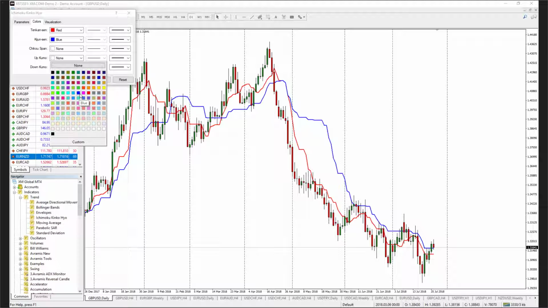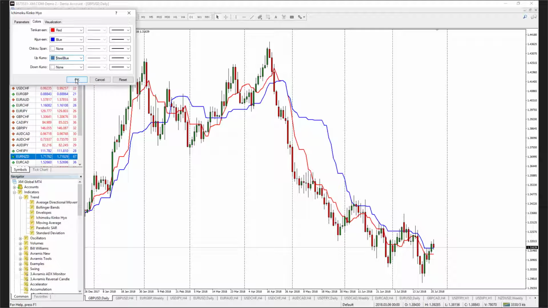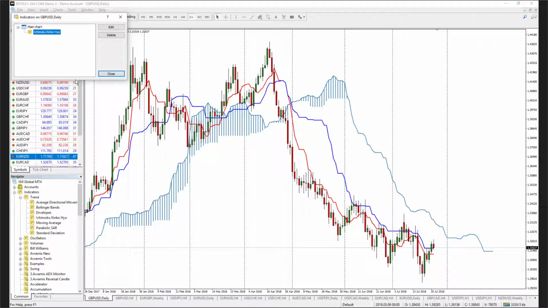Let's give it a little bit of an open color. What can that be? What about this color? There we go. So as we see, that line is the Senkou Span A. Let's ignore the shading for now. So that line is the Senkou Span A.